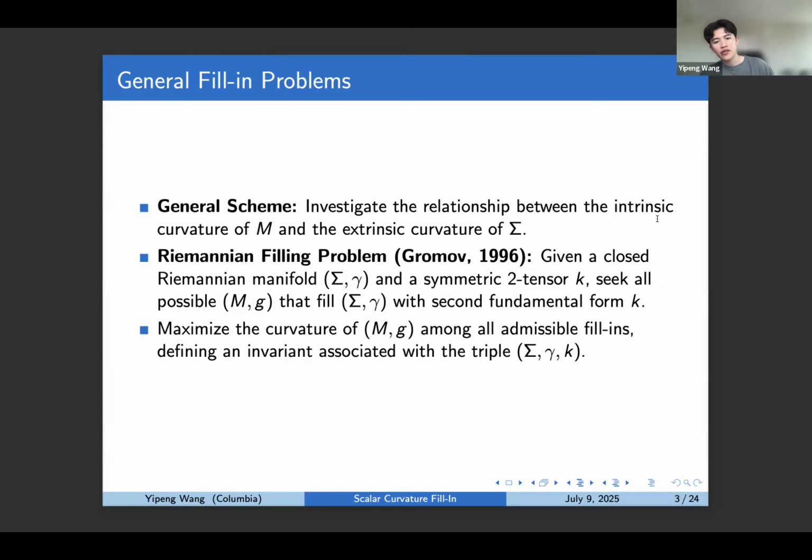Whatever curvature constraint you want to specify, you try to maximize it among every possible fill-in satisfying the condition I was just talking about. This defines an invariant associated to this triple of data: a closed manifold with a metric and a symmetric two-tensor that serves as the second fundamental form of the boundary. Okay, so this is the filling problem.